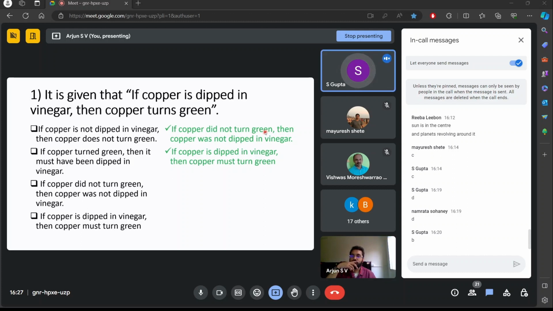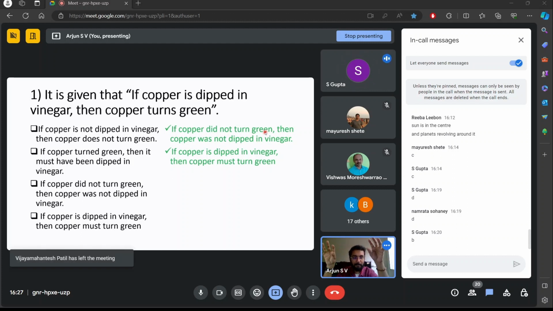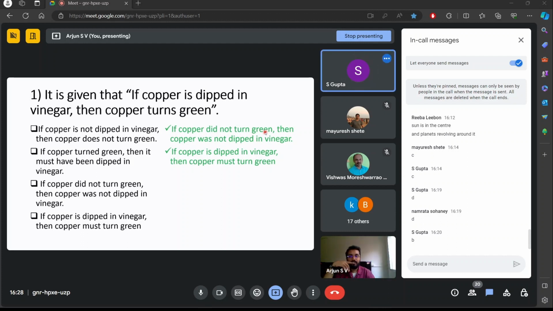Copper is not dipped. Yes, exactly. So copper is not dipped in vinegar. So modus tollens says that if A happens, B happens, and B does not happen, so A does not happen. So according to modus tollens, in this situation, if copper dipped in vinegar, then copper turns green. If copper does not turn green, then copper is not dipped in vinegar. Yes, sir. So this would be a correct option.